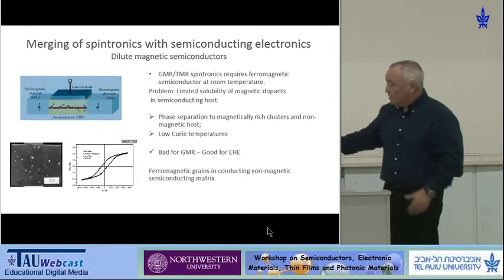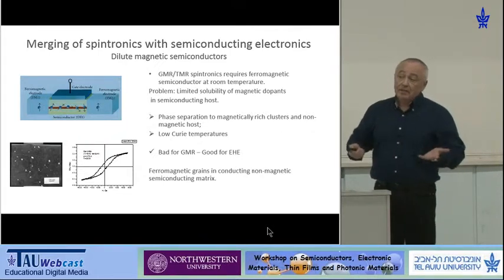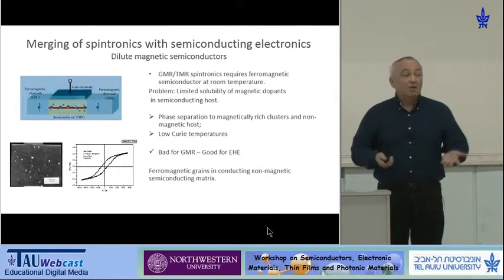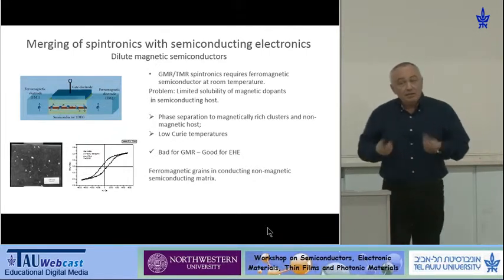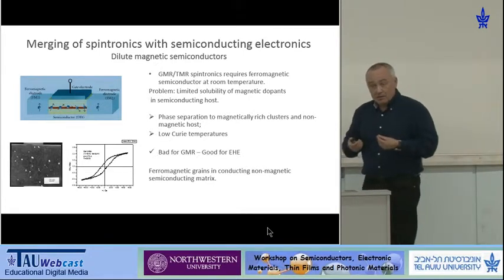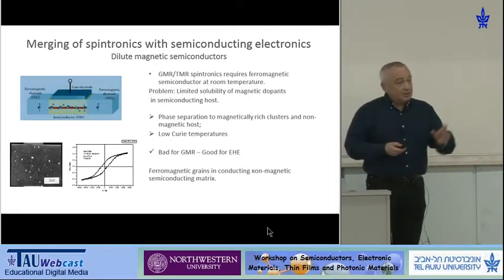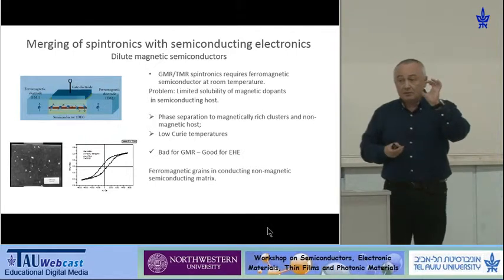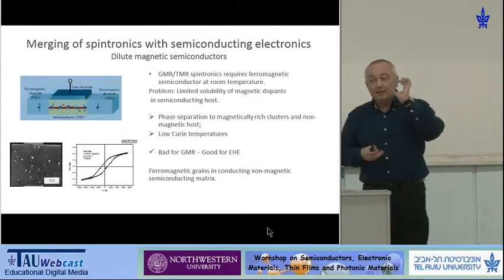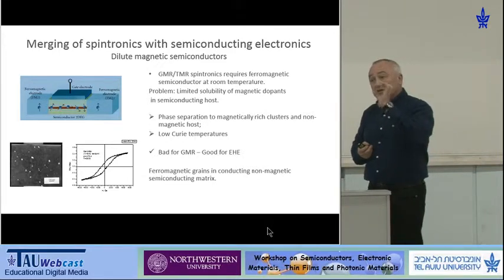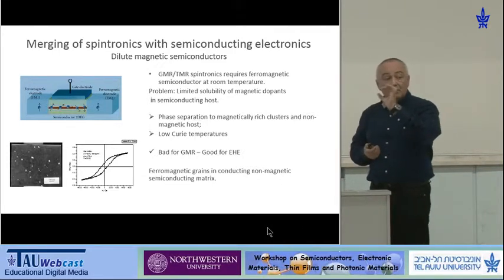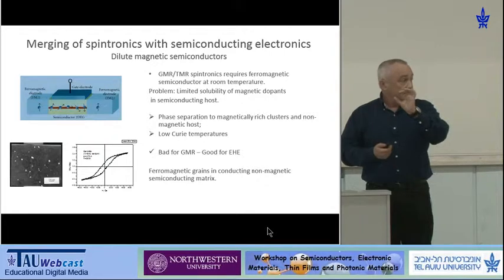But if we talk about, let's say, the Hall effect as a way to implement spintronics, I don't care. I don't need a ferromagnetic state, because it's sufficient for me to have ferromagnetic clusters embedded within a conducting semiconducting matrix in order to generate spin-orbit scattering, which will be magnetically sensitive.